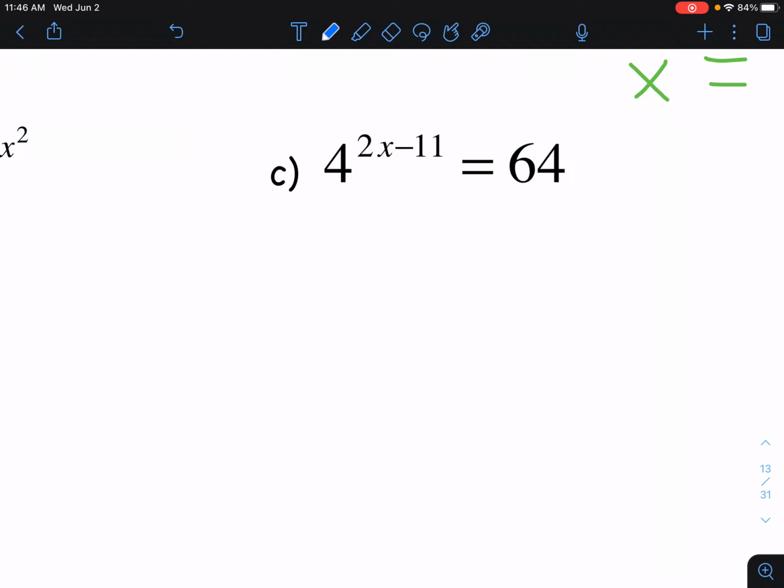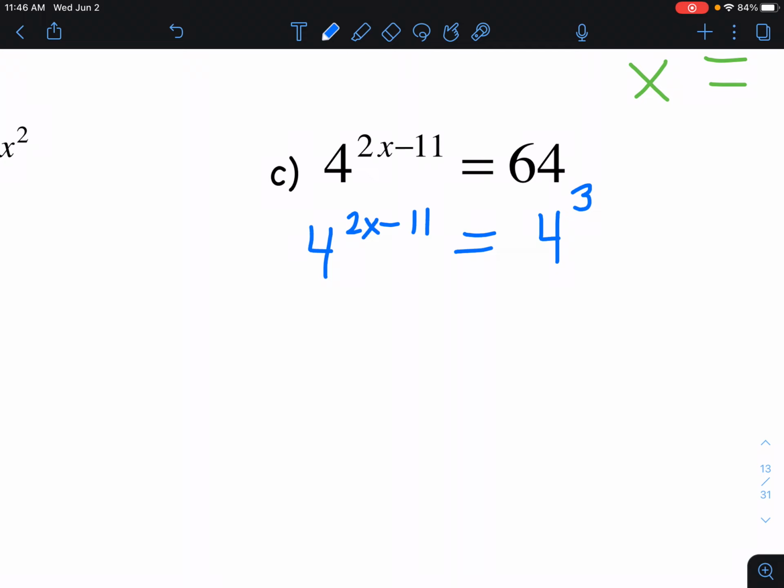Think about that for a second. Yes, I can. 4 to the power of 3 is 64. So I change 64 to a power that has the same base 4. And that's important. We do have to turn it into the same base.